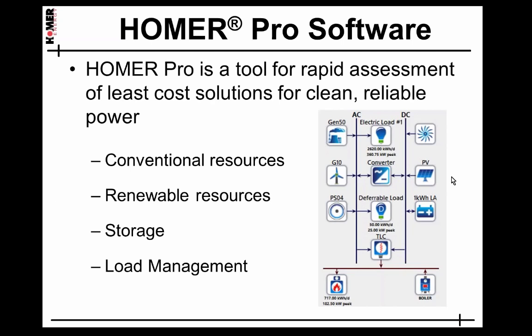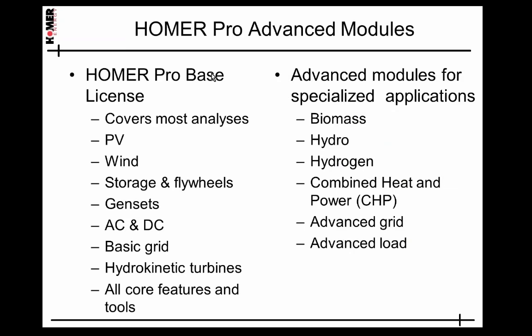As you can see here on this slide, here's a schematic that shows you a spread of conventional resources, such as diesel gensets, with renewable resources like PV and wind, along with storage like flywheels or batteries, and some load management. The basic version of Homer Pro contains most of the features that you'll need for your typical analysis.